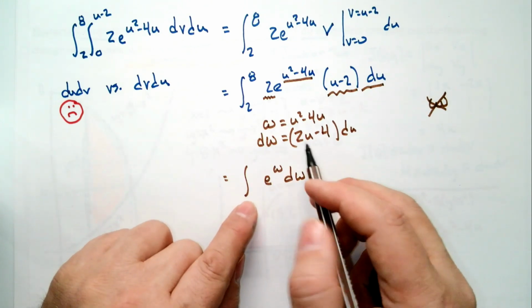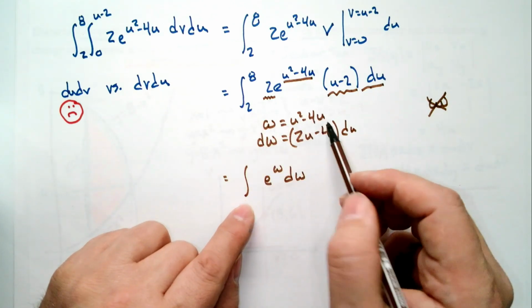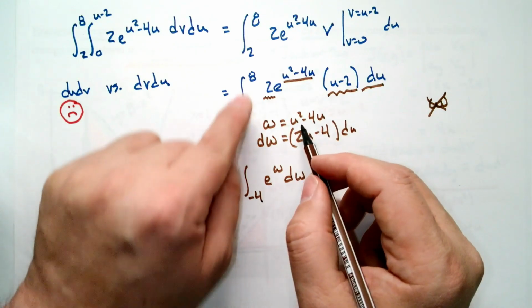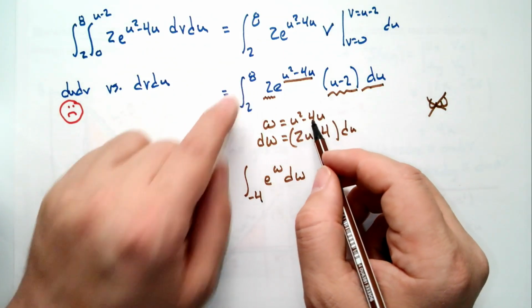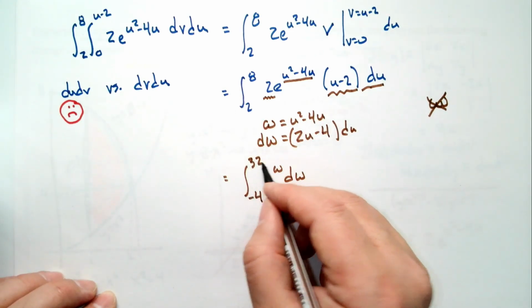Then you have to update your bounds. Plug in 2. You'll get 2 squared, 4, minus 8. 4 minus 8 is negative 4. Then you'll get 8 squared, which is 64, minus 32. 64 minus 32 is 32.